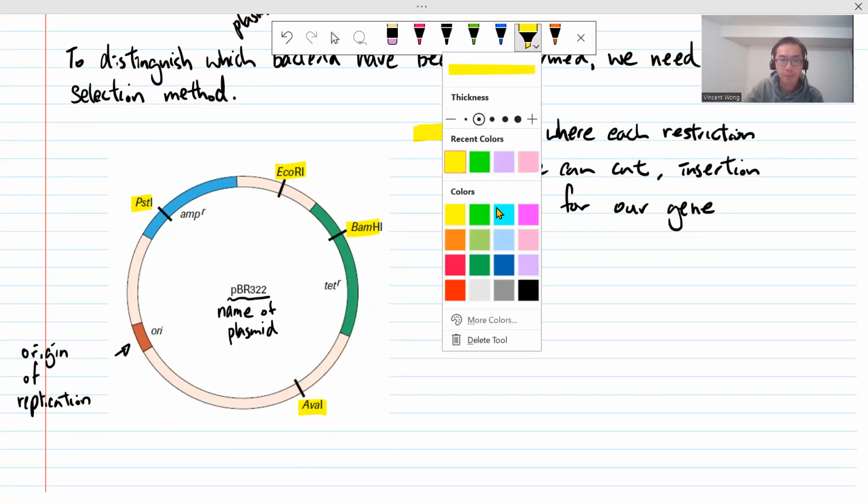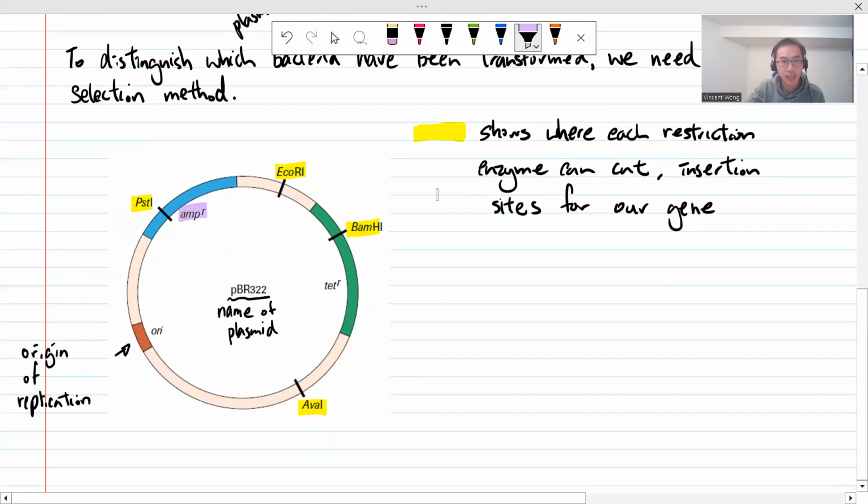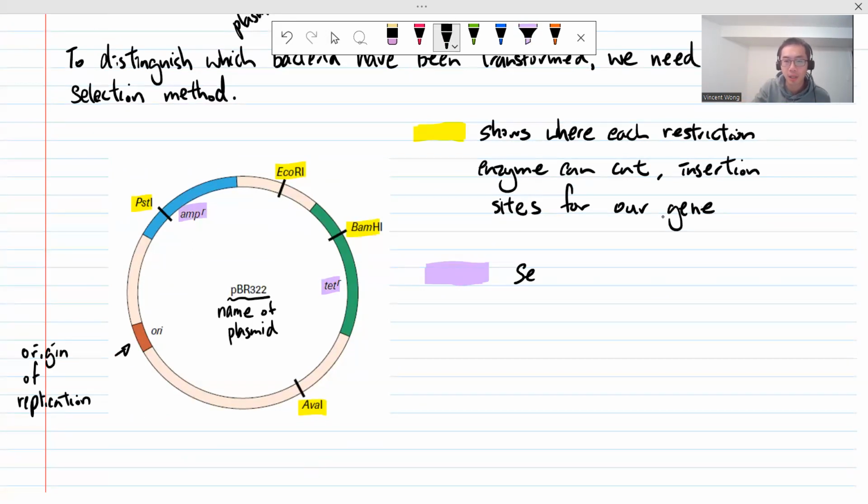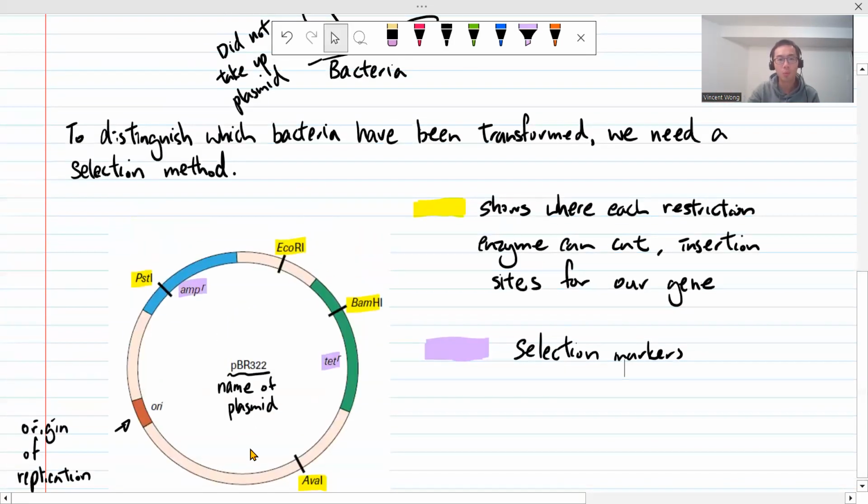Now, these other things inside the plasmid, the names, these are selection markers. Selection genes, selection markers. We can use them to help us distinguish which bacteria have been transformed. It would give them some special properties or a special appearance in some cases if they have accepted the plasmid.